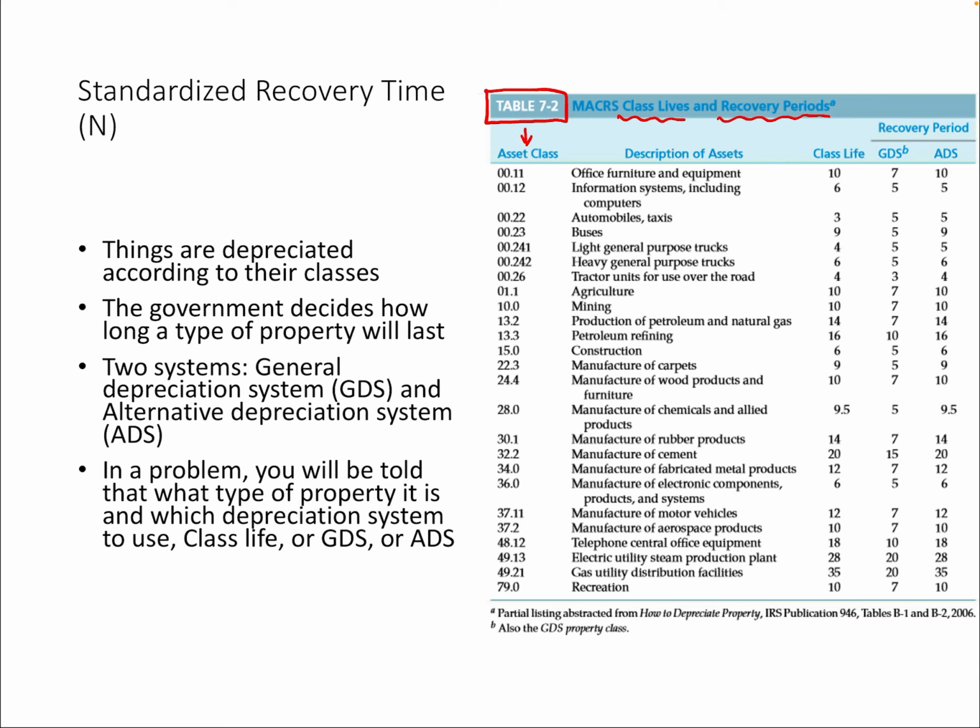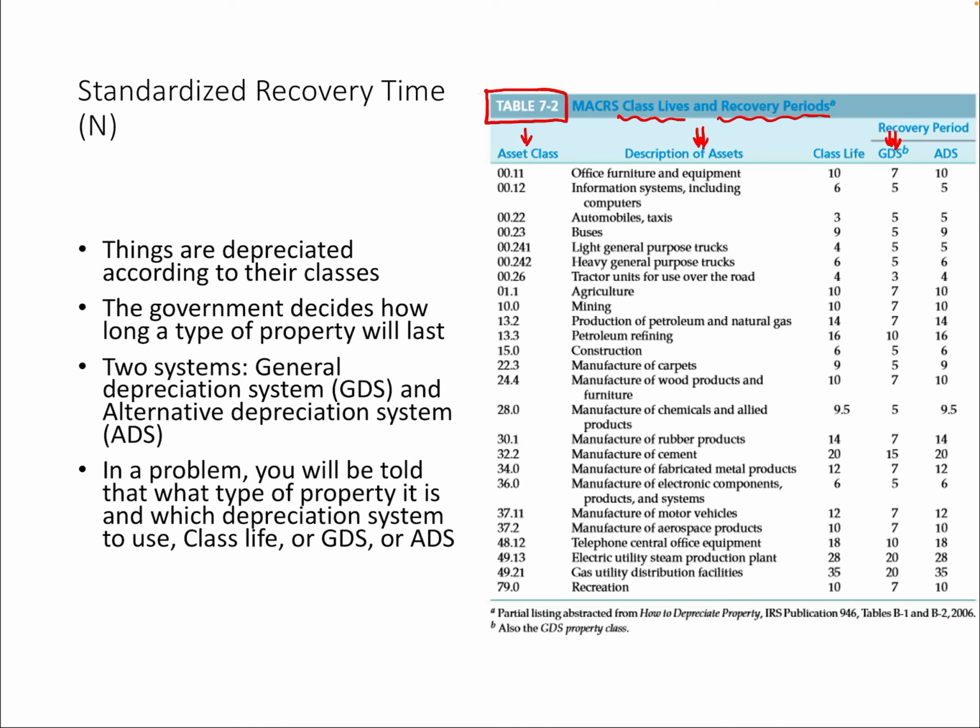That is a fixed class number or index used in the IRS system, and you do not need to know how the asset class is determined. You just need to focus on the column called GDS.